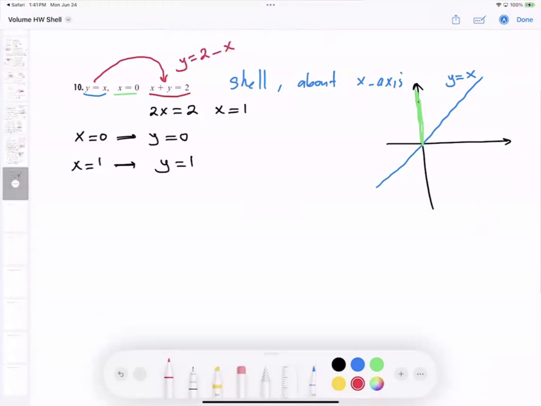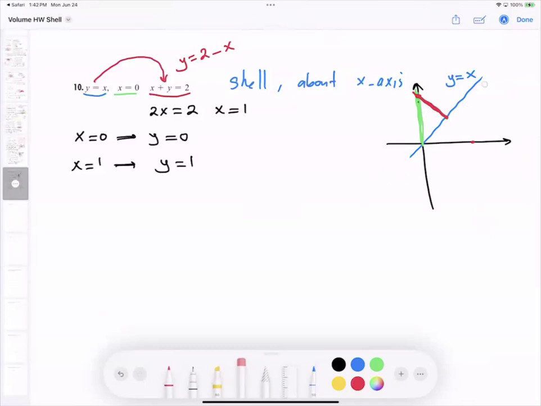So when x is equal to 2, it crosses the x-axis. When x is equal to 1, it hits this line. And when x is equal to 0, you're just right here. Okay, perfect. I'm going to just graph this line segment. We don't need the rest of it.